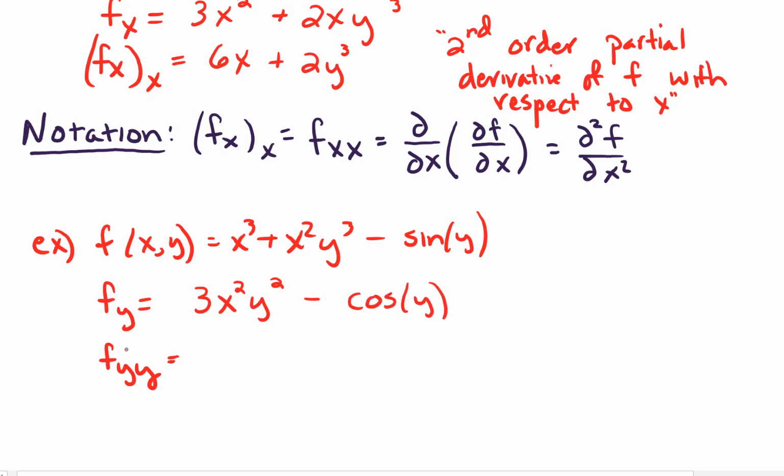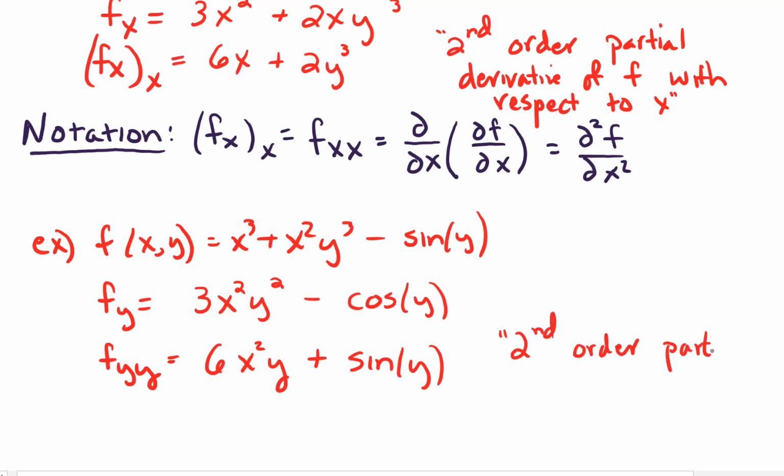Next, we need to take that result and do another partial derivative with respect to y. So that would be 6x squared y plus sine y. Remember, the derivative of cosine is negative, and we had a negative, so negative negative gives us the positive sine y. So this is the second order partial derivative with respect to y.